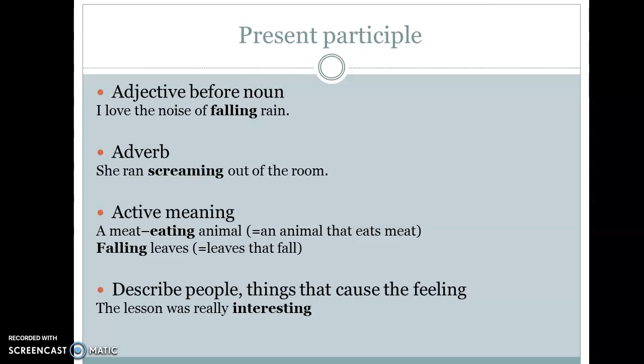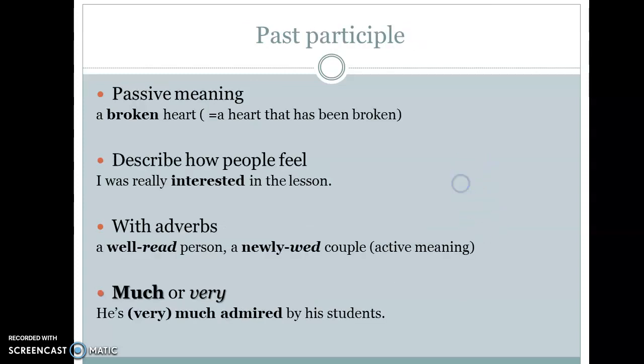We also use the present participial forms to describe people or things that cause the feeling. For instance, the lesson was really interesting. I am describing the quality of the lesson, yes? Now, with past participial forms, we've got a passive meaning. If we talk about a broken heart, we are saying that this is a heart that has been broken.